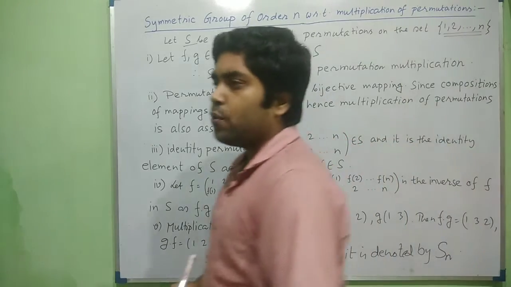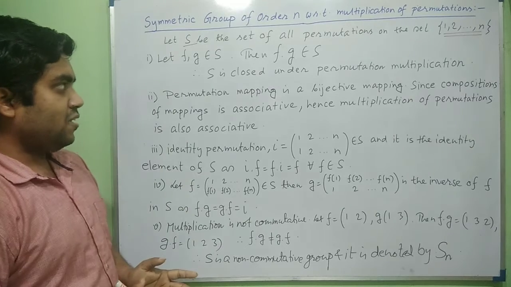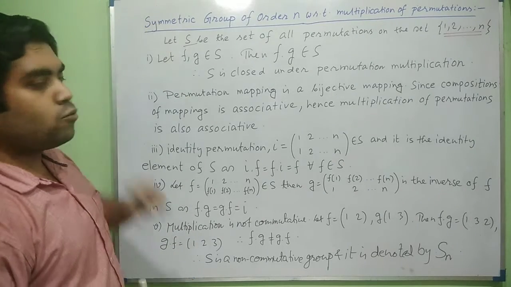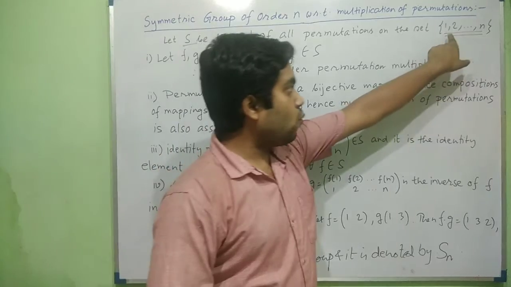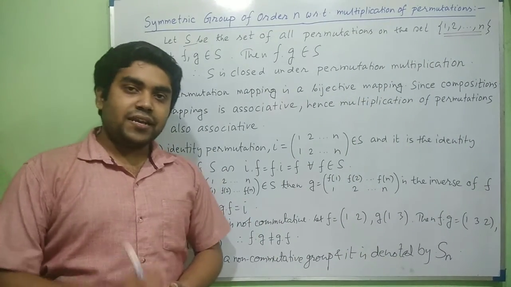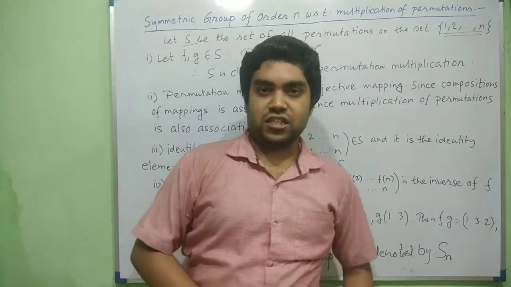So first of all, we have to prove that the collection of all permutation mappings on the set 1 to n is closed under the binary composition stated here, that is multiplication of permutations.